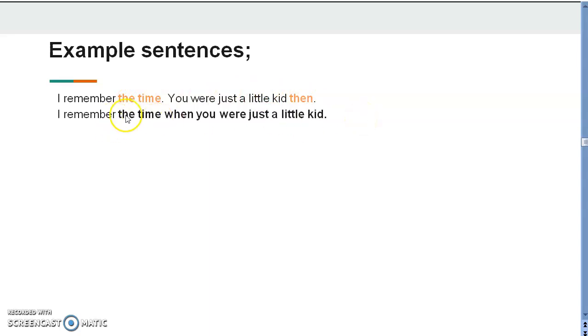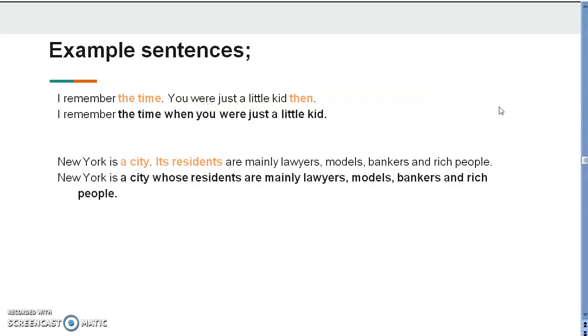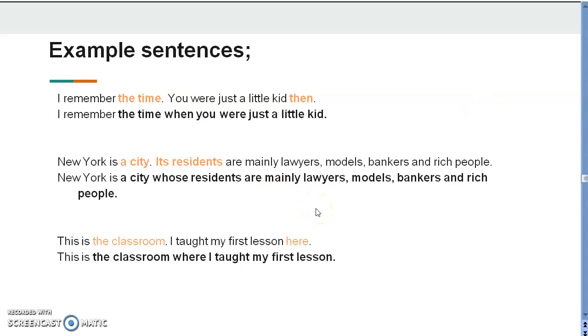So let's see, I remember the time when you were just a little kid. Here we are defining the time, and right after that we use a relative clause. Here are some more examples for you to see how these two sentences have been combined using different types of relative pronouns.